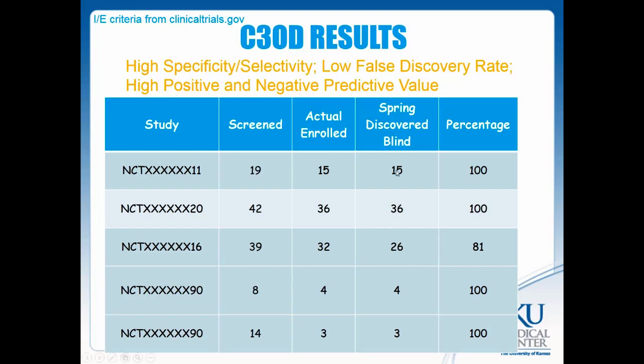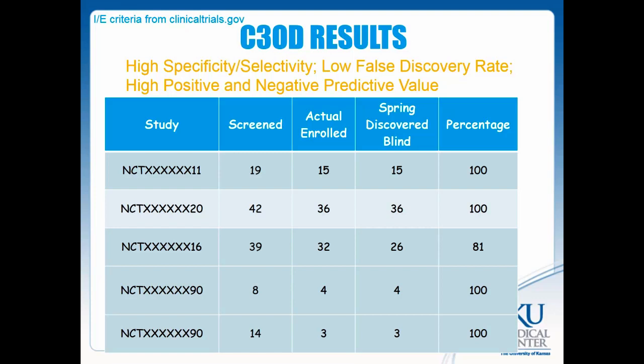We were able to discover every patient that had already been recruited onto the trial, except for one study where only 81% matched, which means a couple of patients were not discovered using the C3OD. The reason was that those patients' inclusion and exclusion criteria were overridden by the PI.